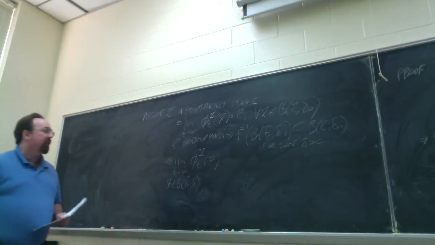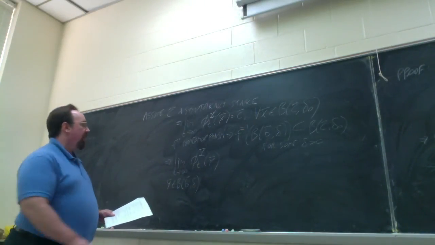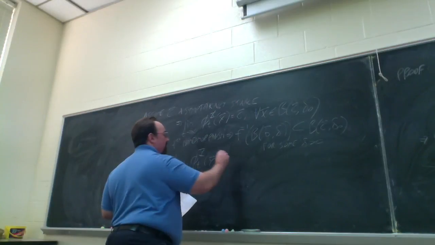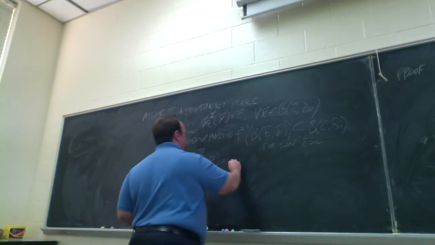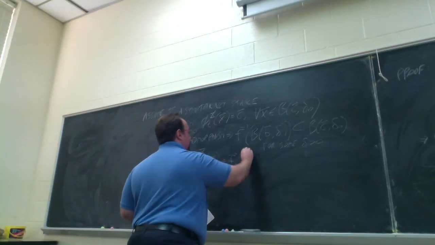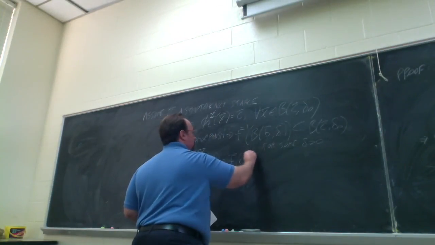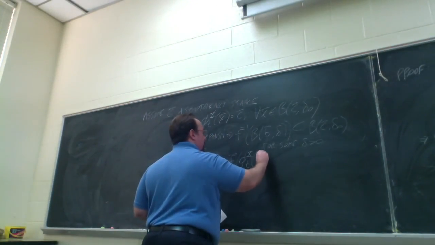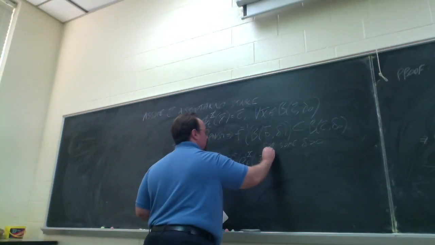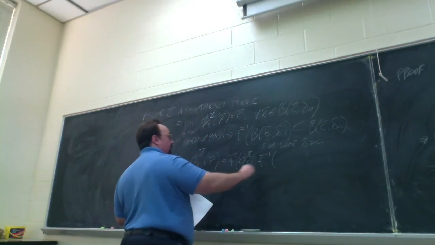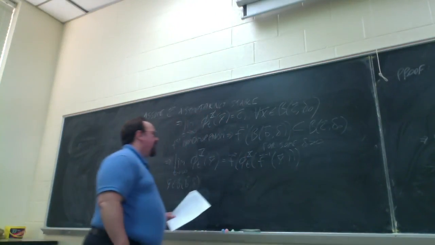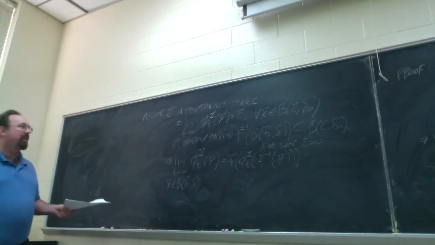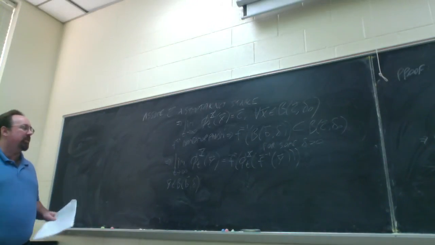So now I use my definition from a previous board of the flow of y in terms of the flow of x. So that's going to be f of the flow of x, f inverse of y. So I need to show that this is going to be B. So that would give me asymptotic stability.